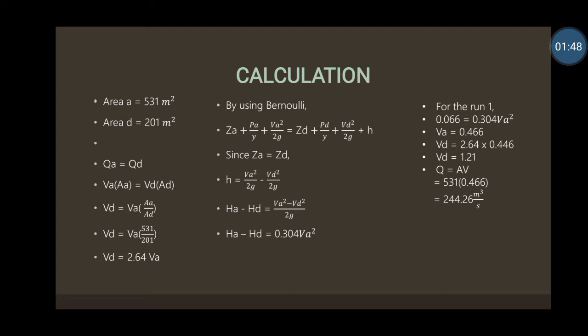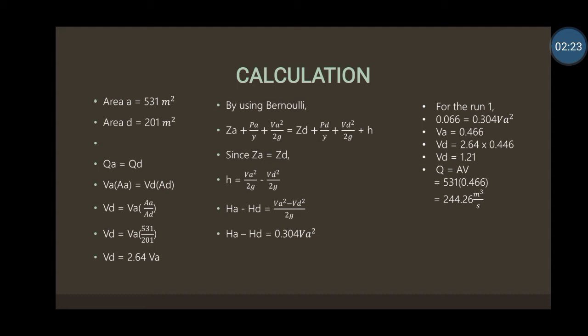For run 1, we are using the same formula: HA minus HD equals 0.304 VA square. So HA minus HD, which we got from the table as 0.066, equals 0.304 VA square. So we got VA equals 0.466. For VD, we put the value of VA into the formula of VD.